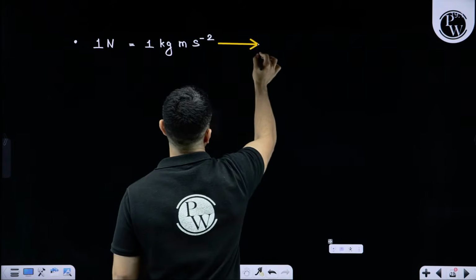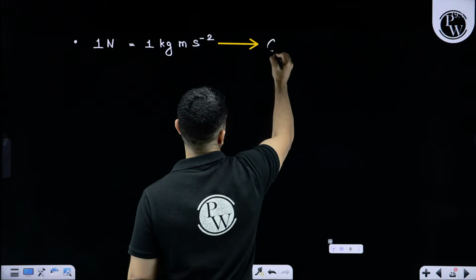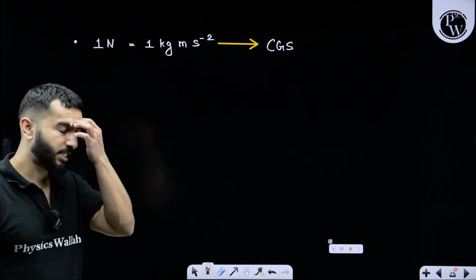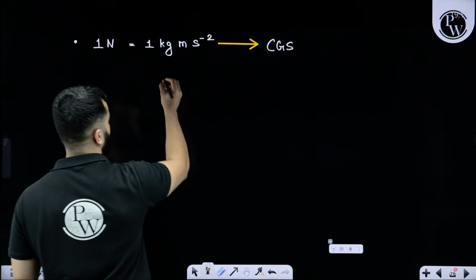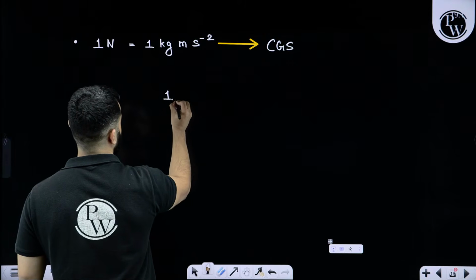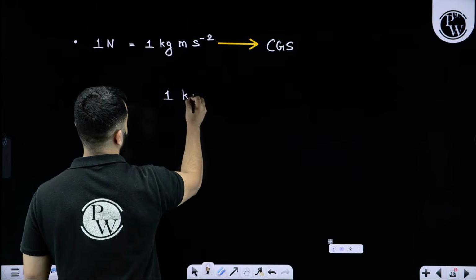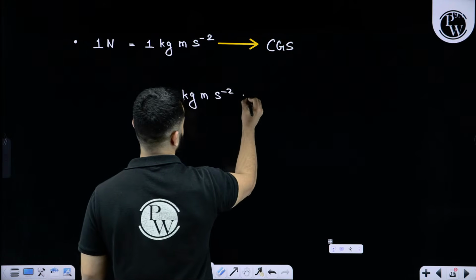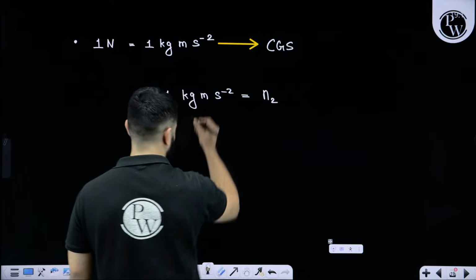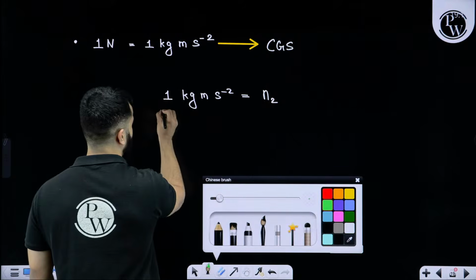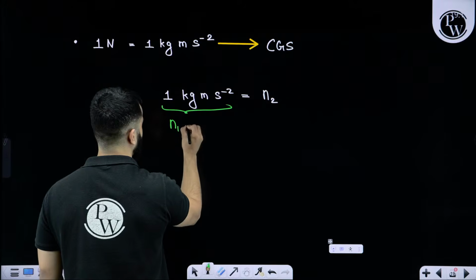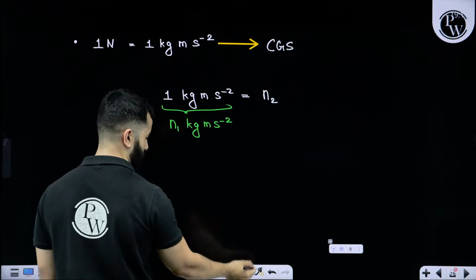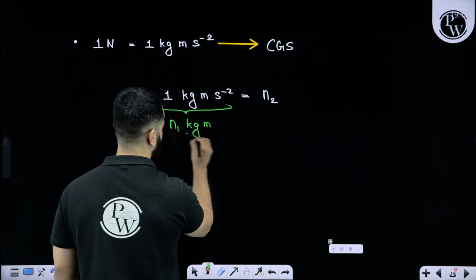Let's change its unit to the CGS system. So what we are saying is, 1 kilogram meter per second square is equal to N2, because we are writing this as N1 multiplied by this system, multiplied by this system.